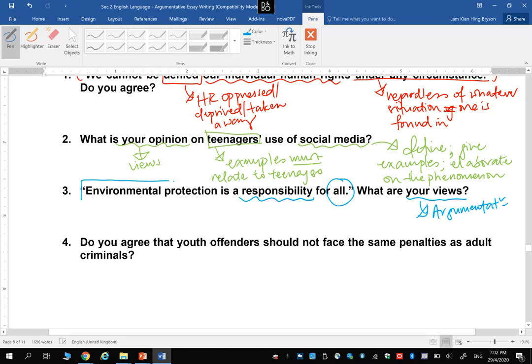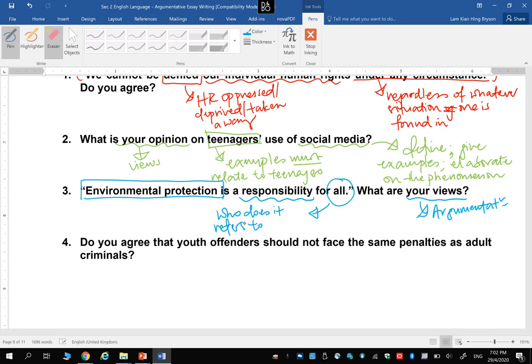Now this is your topic over here: environmental protection is a responsibility for all. The tricky part is actually the word that's circled, the word "all". When it says the word all, who does it actually refer to? We know that it refers to everyone, but who actually falls under this category of all?